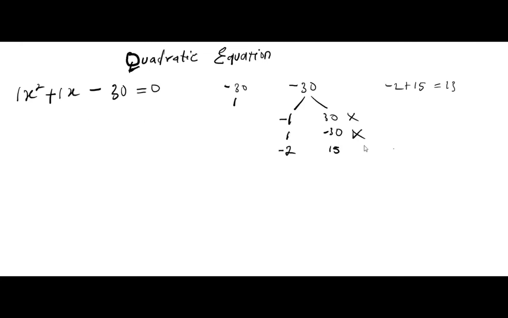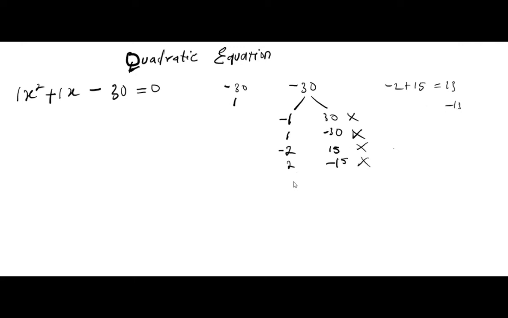So it's incorrect. So let's have our positive 2 here, and we have our negative 15. 2 times negative 15 is negative 30, but 2 plus negative 15 is negative 13. So it's still out of the line.